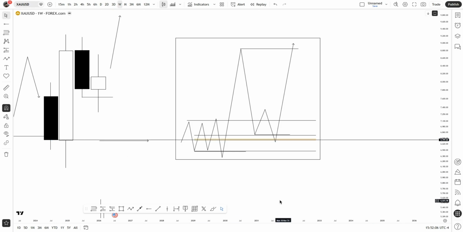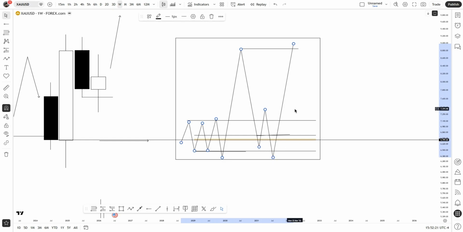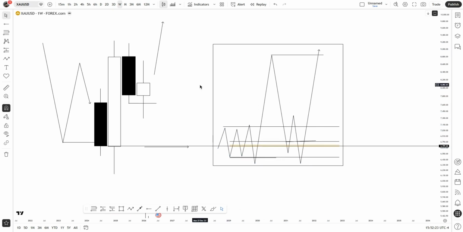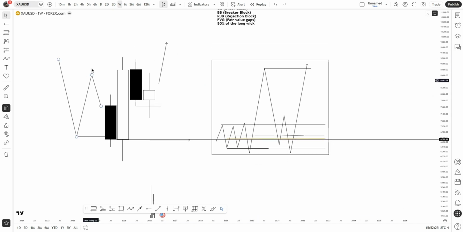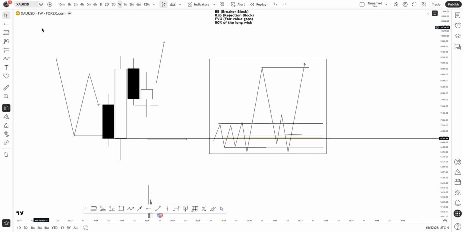Okay, so now this is the logic. Sometimes the market reacts from a range above the opening price of the order block, sometimes at the 50% of the order block, and sometimes at the rejection block of the order block. So now this is the logic behind the key level, the order block.